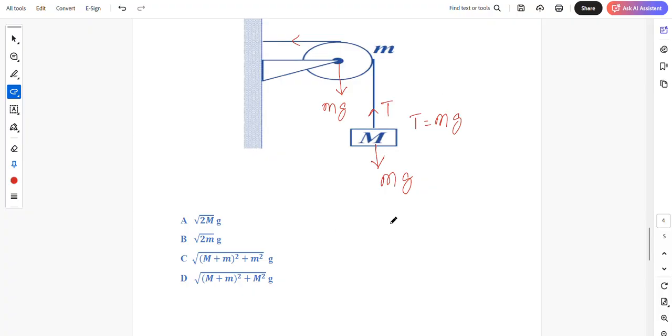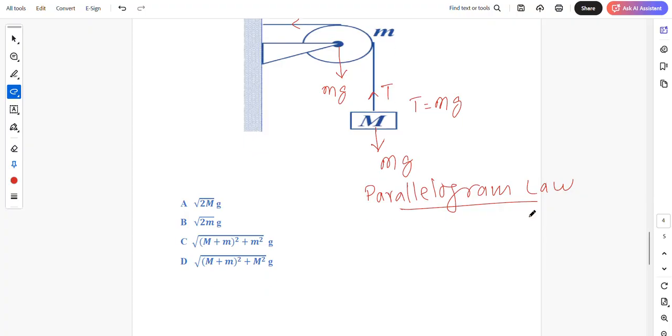Now, observe here, we can use parallelogram law because two forces are perpendicular. Now let us complete the parallelogram.